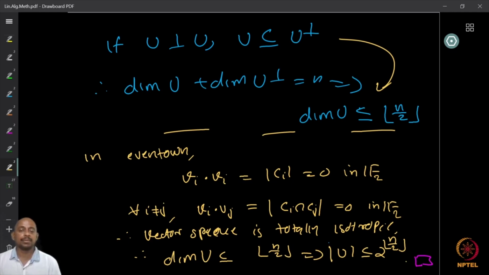If the dimension of the vector space over F2 is at most n by 2, then you cannot have more than 2 raised to n by 2 elements, because every vector has n positions, each either 0 or 1.